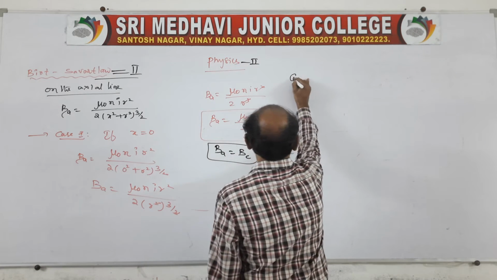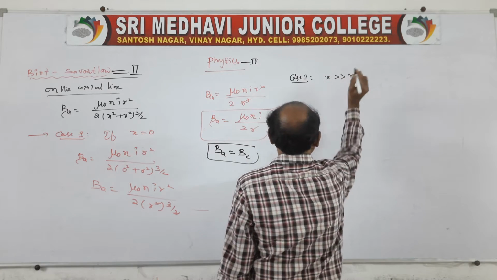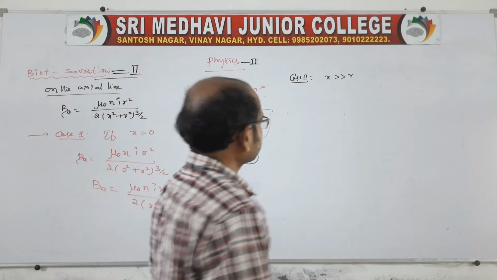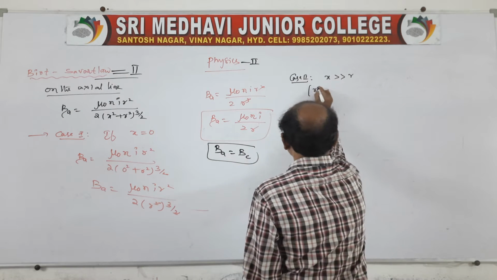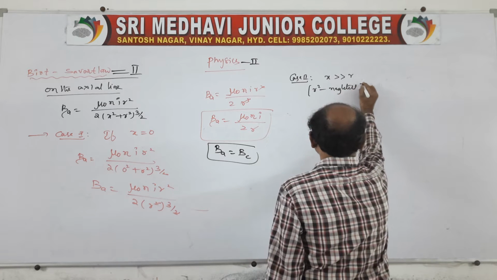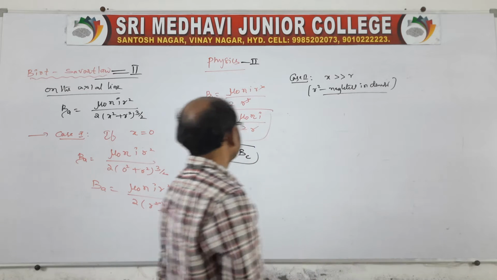And in case 2, suppose x is very much greater than small r, the radius of the circular coil. In this case R square is neglected in the denominator.